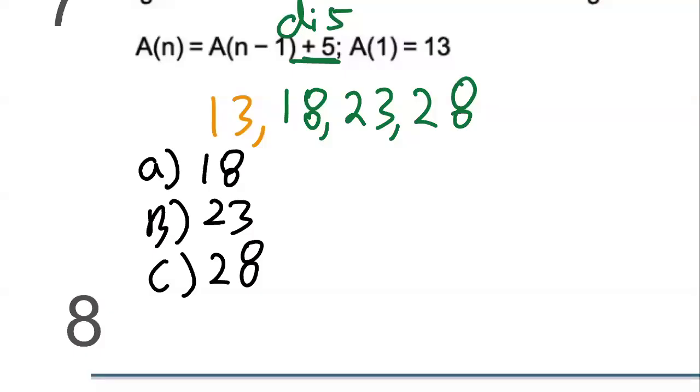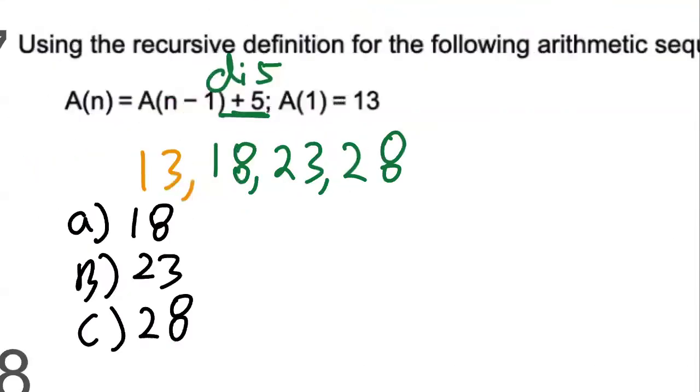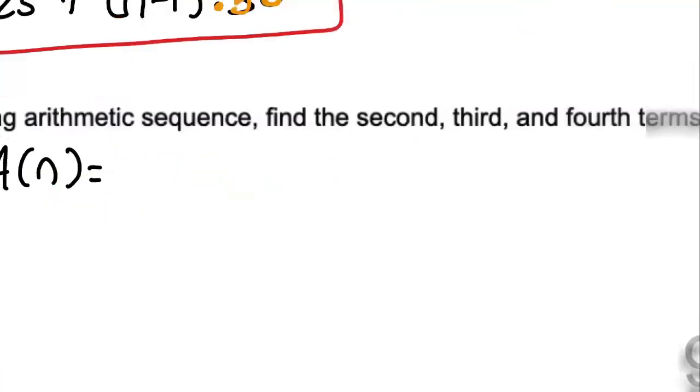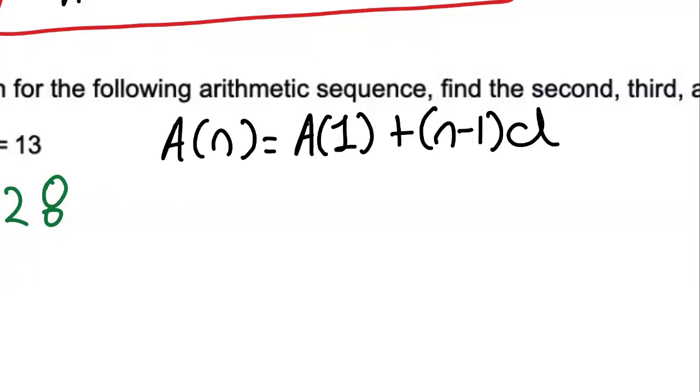Now, the only thing it asks you is to write a recursive formula for it. Okay. Now, the only thing you have to be careful of is that this is not a sub n where it's a subscript, it's parentheses. So it honestly just means the same thing. So you're going to write it as a sub n equals, and then you have to find the explicit, yeah, a sub n equals a sub 1 plus n minus 1 times d.